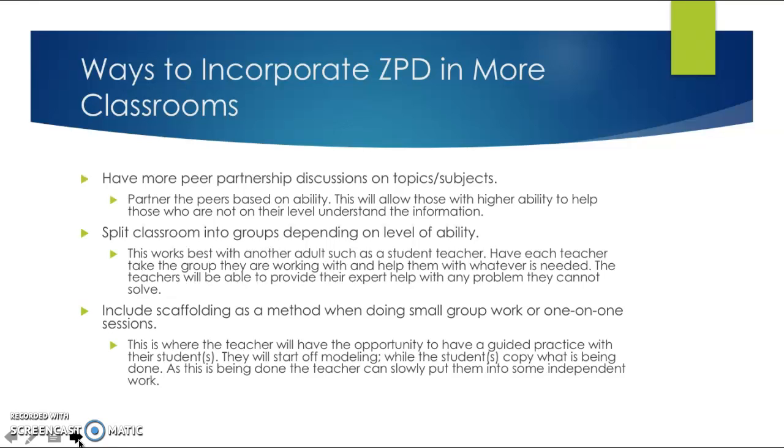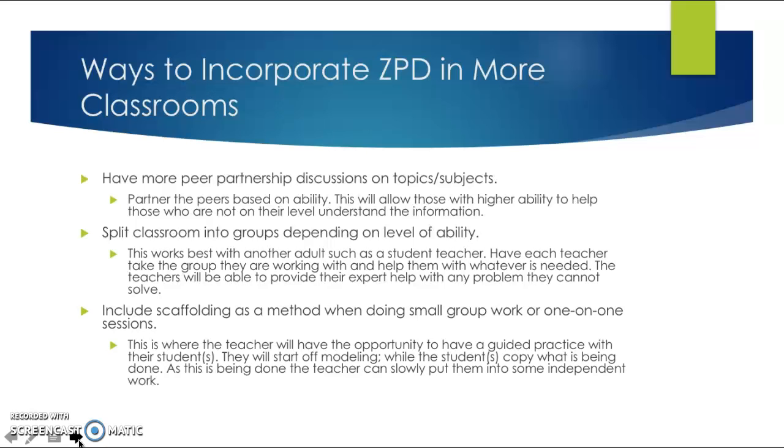Other ways to incorporate ZPD in more classrooms: have more peer partnership discussions on topics. So pick the partners based on ability once again, and then split the classroom into groups depending on level of ability.